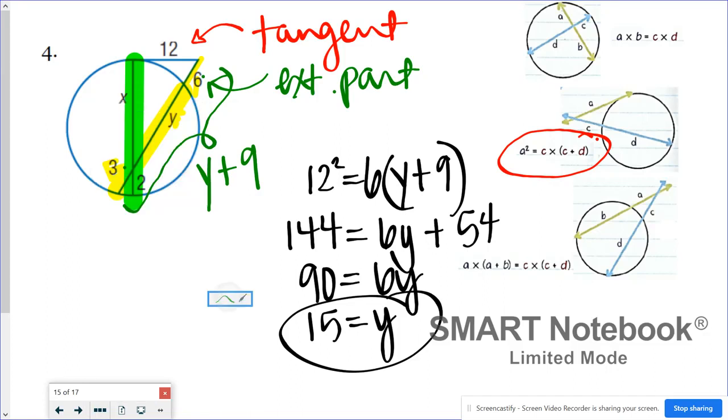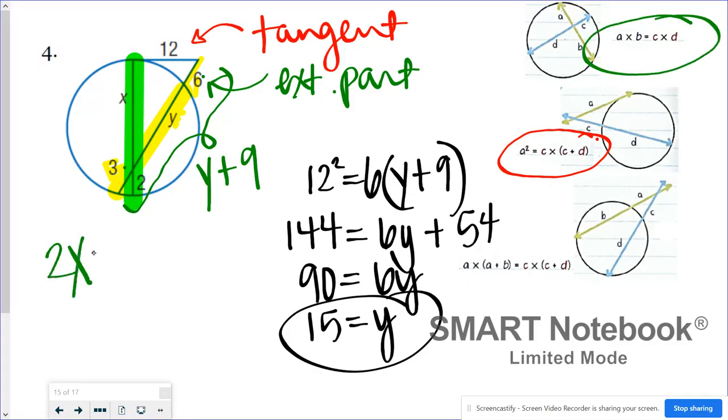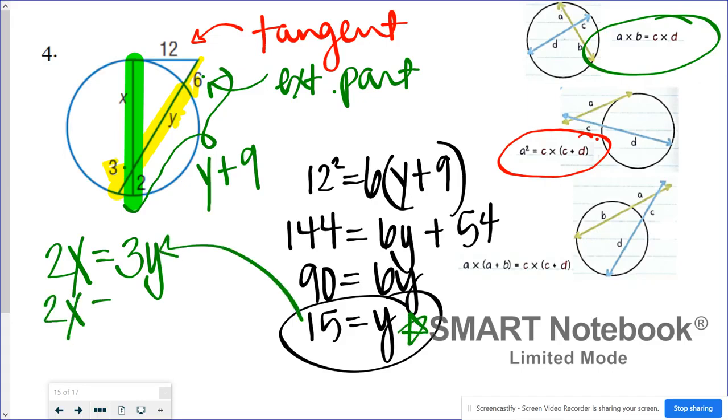So I can create an equation where I have the product of the segments of one chord equals the product of the segments of the other chord. So I have 2 times x equals 3 times y. Now I know what y is. Y is 15, so I should make that substitution. So I'm going to have 2x is equal to 3 times 15, which is 45. And then if I do the math, I get that x is 22.5.